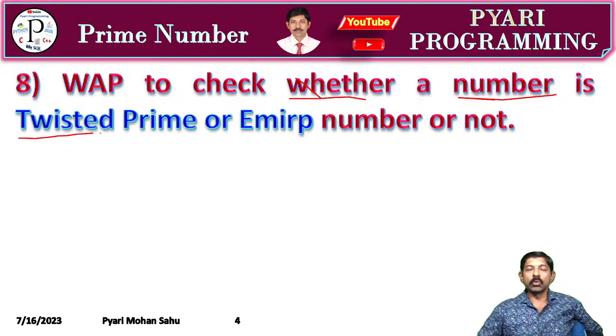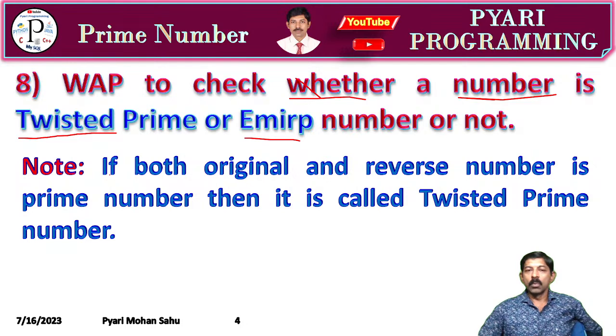Let me change the pointer. So we know what is called twisting, which is also known as your MR number. If both the original and the reverse number is prime number, then it is called twisted prime number. Original number should be prime and reverse number should also be prime. Now it itself says that use and.